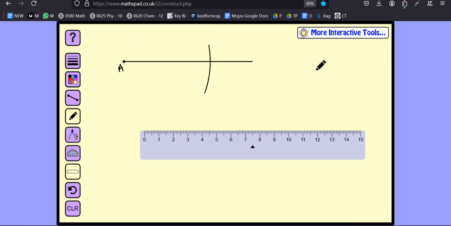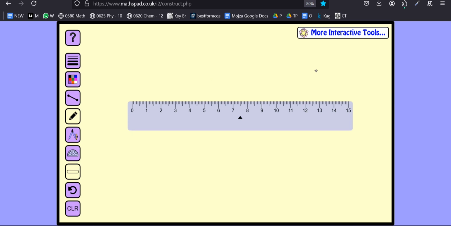And now we know that this point is B, and this is 6 centimeters. This arc, whatever it was, just got removed, and I cannot make it again. Okay, I hope this was clear.